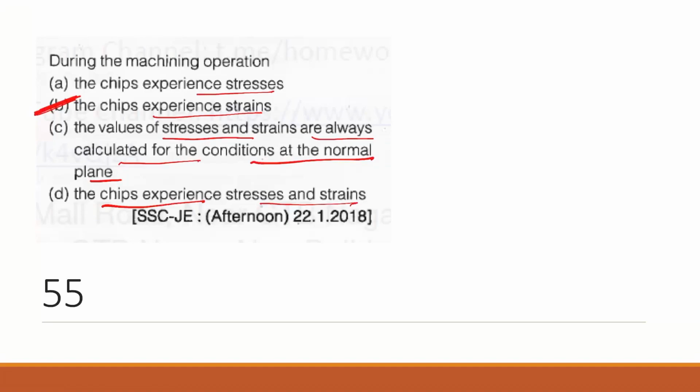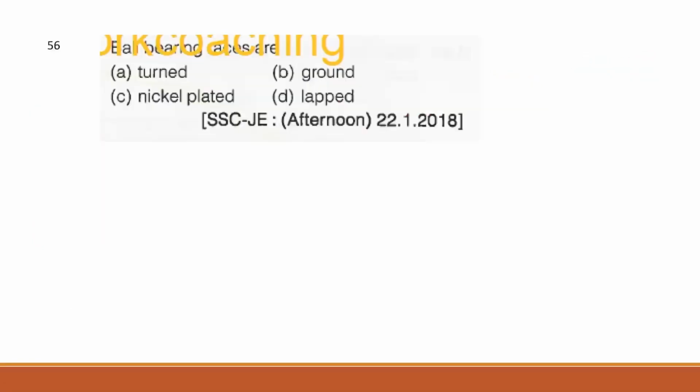In machining operation, the chip experiences strain. Basically, strain is the change in dimension relative to the original dimension, right? So the chip experiences strain.